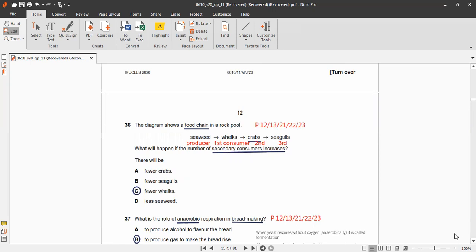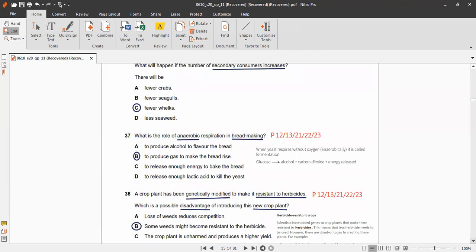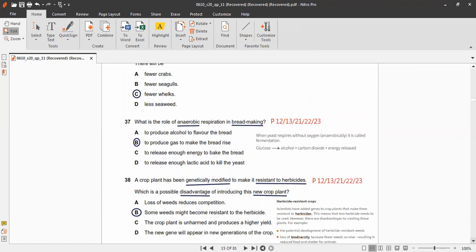What will happen if the number of secondary consumers, the crabs, increase? Yes, fewer eels. What is the role of anaerobic respiration in bread making? Yes, it produces gas, carbon dioxide gas, to make the bread rise.